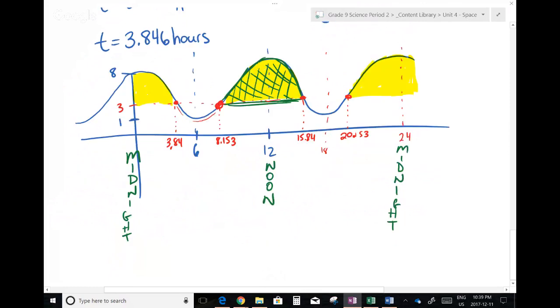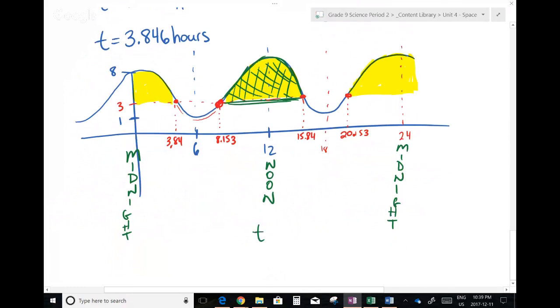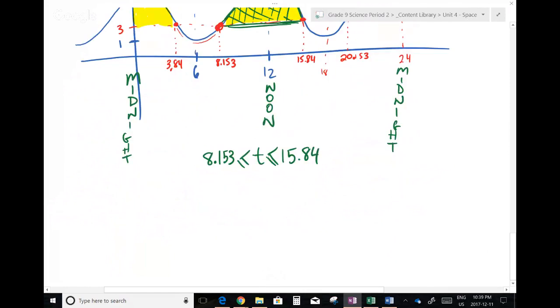So the working solution would be where t is greater than or equal to 8.153 and less than or equal to 15.84. And if you were really, really finicky, you could say, well, 0.153 times 60 minutes, because there's 60 minutes an hour.